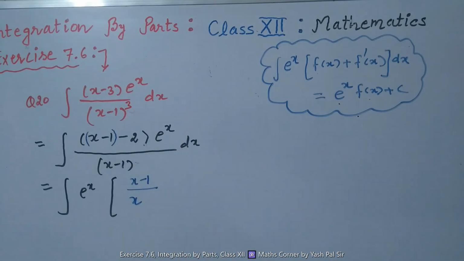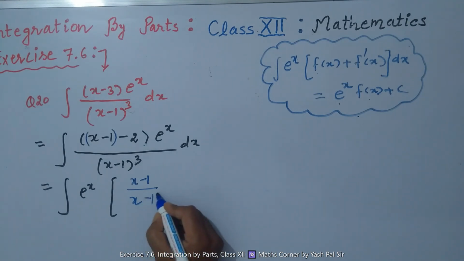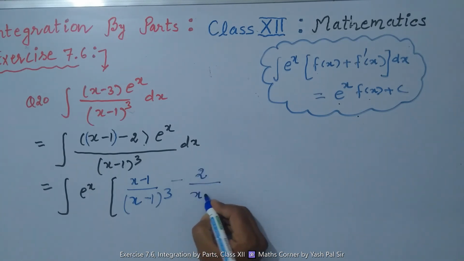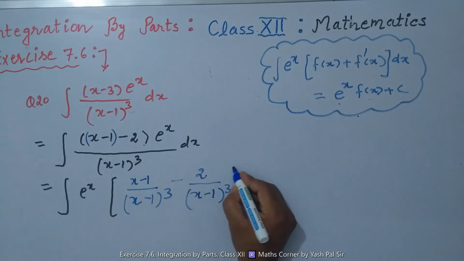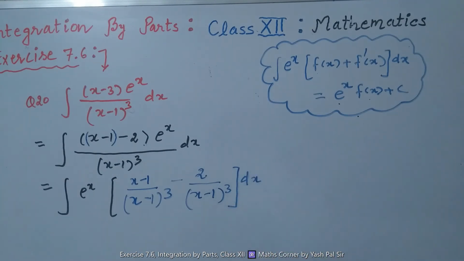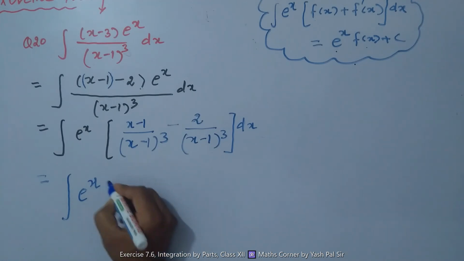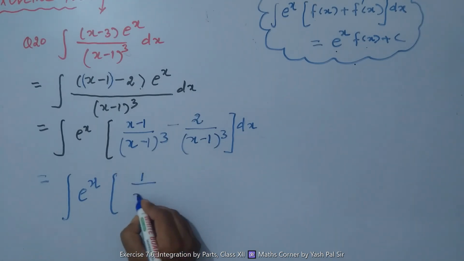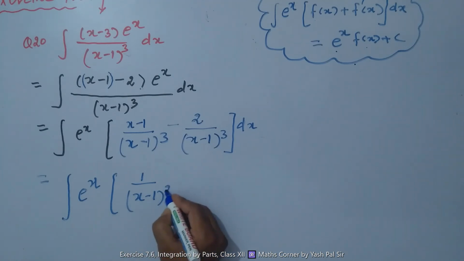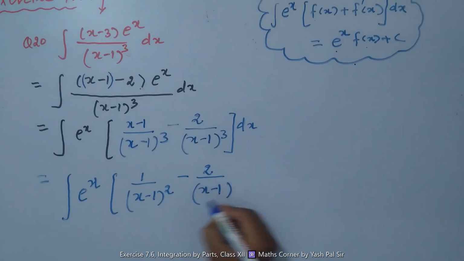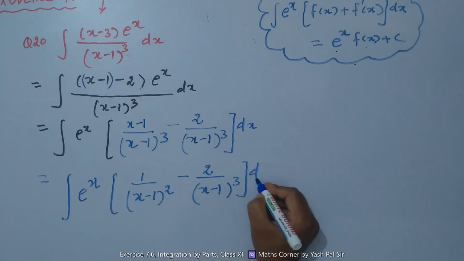So accordingly we are writing here x minus 1 whole power 3, next is minus 2 upon x minus 1 whole power 3 into dx. So now we are left with integration e power x into 1 upon x minus 1 whole power 2 minus 2 upon x minus 1 whole power 3 into dx.